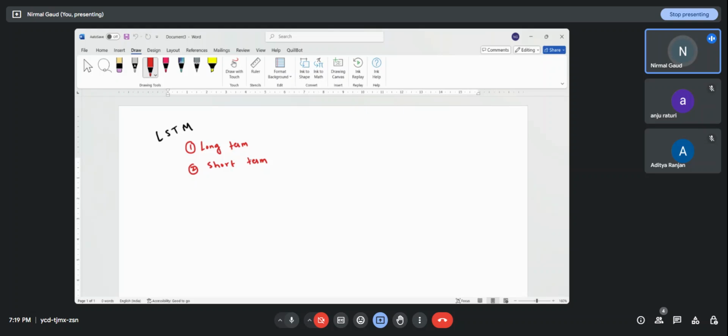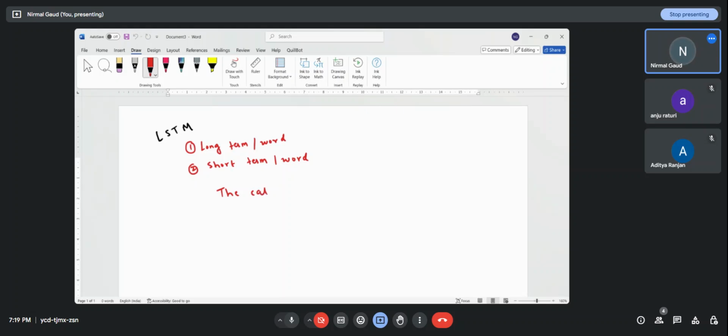Dependencies, term, what do you mean by term? Term is a word in a sequence. So you are giving data here in the form of a sequence. The cat sat on the mat. Okay, this is a sequence.